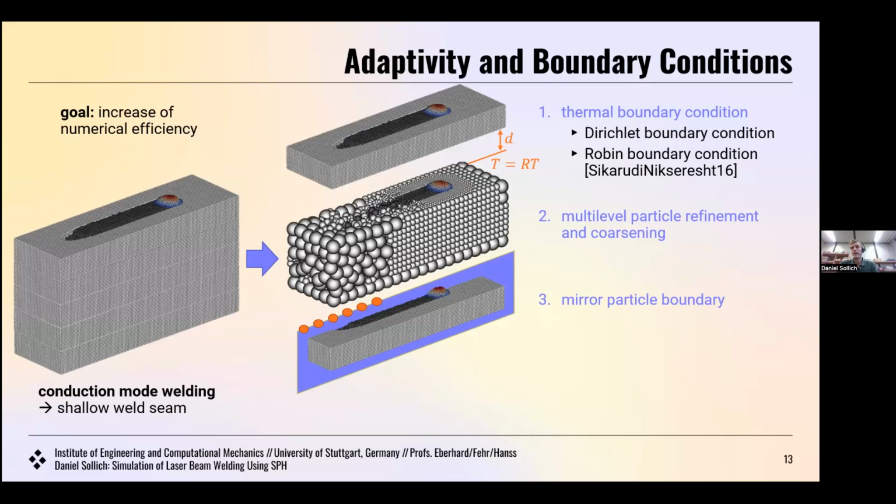So basically we can reduce the number of particles by half, and we need to introduce mirror particles close to the symmetry boundary in order to fill the truncated kernel support. Last is something we call particle influx and deletion. What we mean with that is that we create particles in front of the laser beam, and as soon as they have reached the back where no special physics happen anymore, we delete them again.